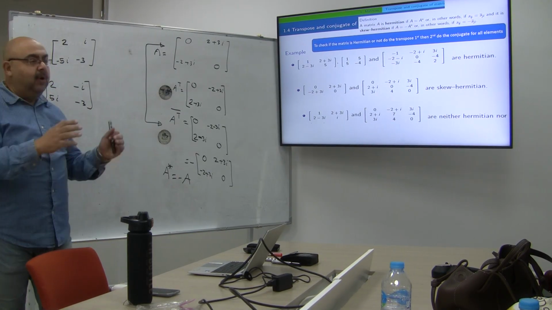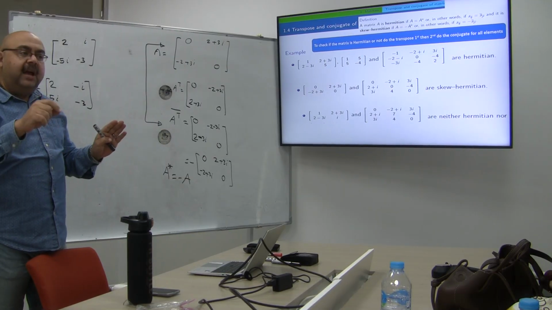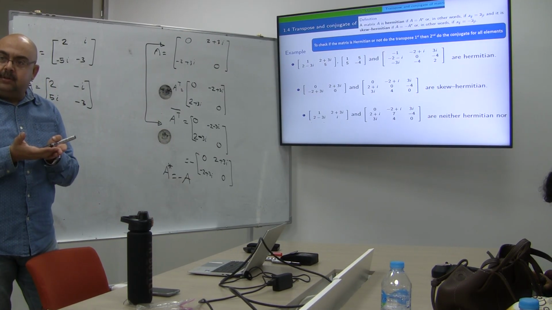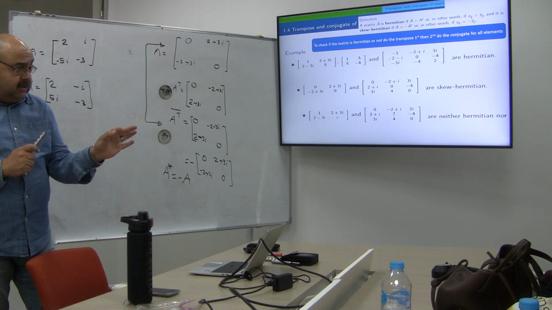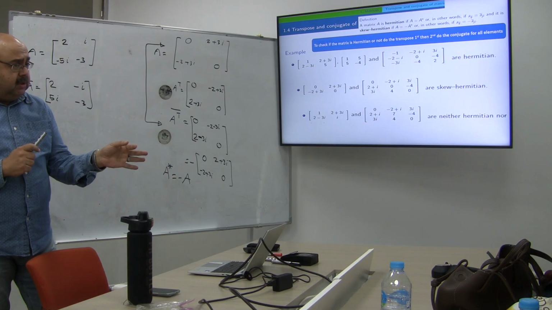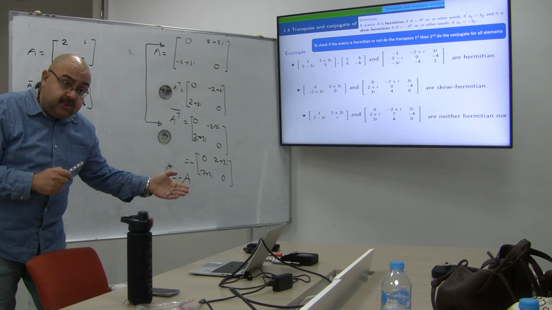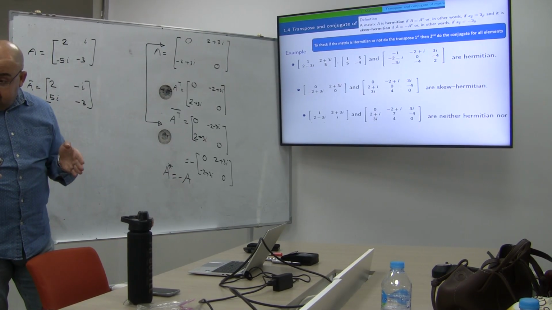And he is giving you a matrix A defined, and it is a Hermitian matrix. Is this correct or not correct? You will know this by taking this matrix, getting its transpose, and getting the conjugate. If it is the same, so this statement is correct. If it is not, so it's not correct. Are you with me? Okay.